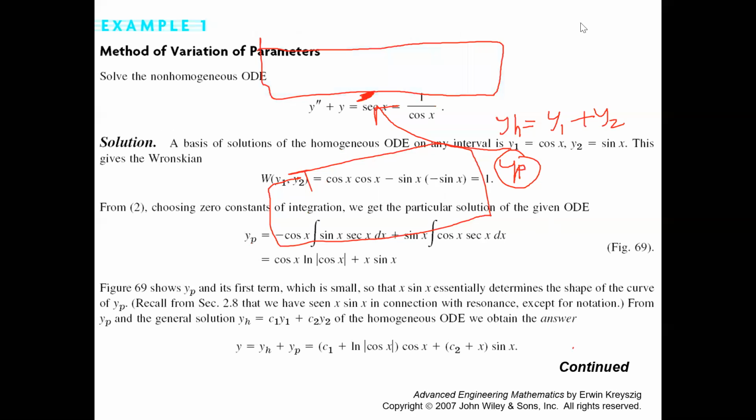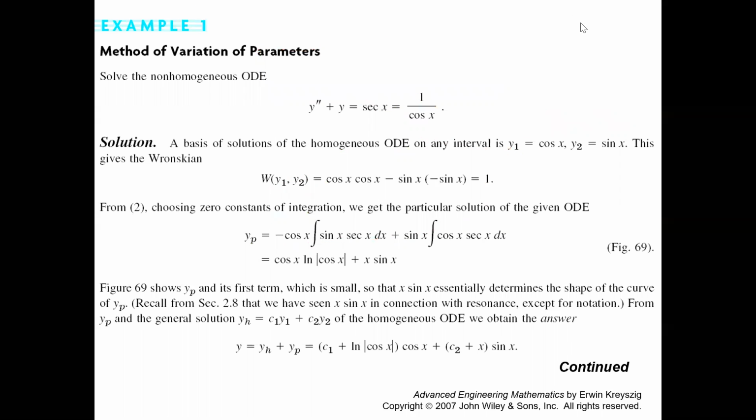Let's check this example. Here we have y double accent plus y equal to 1 over cos x. And this Rx is not listed on the table.